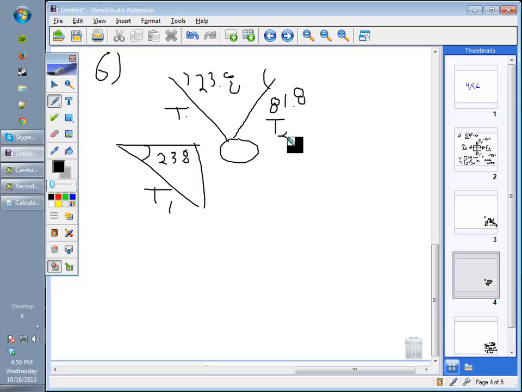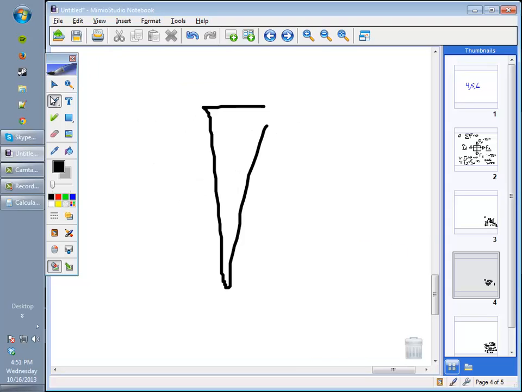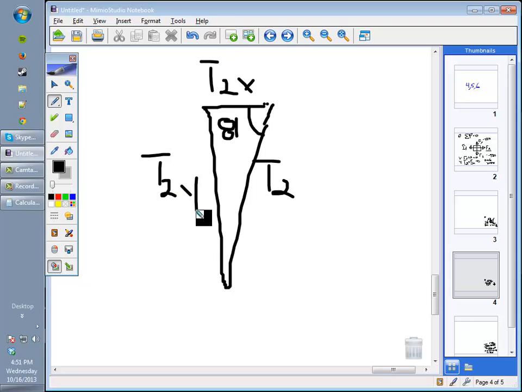Now, I've got T1x, I've got T1y, and then over here, I don't know why I drew that so small, but that's going to be 81. This is T2, we have T2x, and we have T2y.